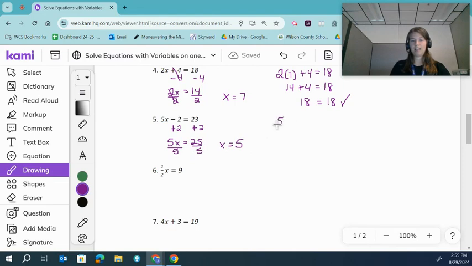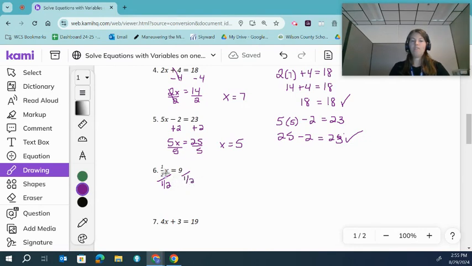Again, substituting back into my original equation. 5x is 5, so I substitute that in. 5 times 5 minus 2 equals 23. 25 minus 2 equals 23, so that is correct. Okay, here's one with fraction involved. Okay, so we have 1/2 times x equals 9. Okay, well, I can divide by the fraction, which is 1/2.